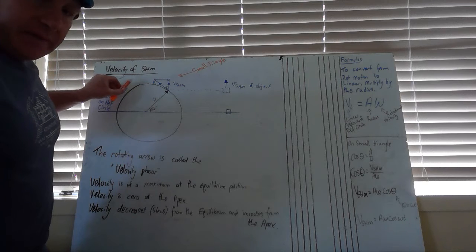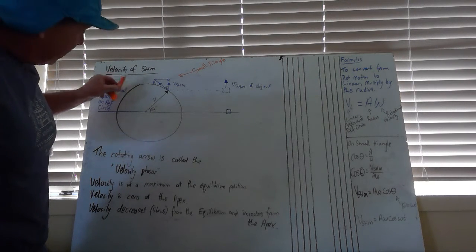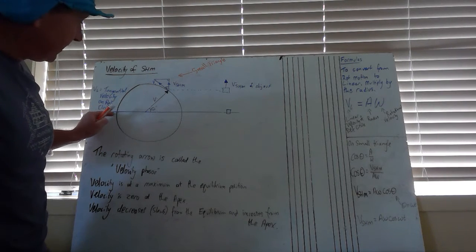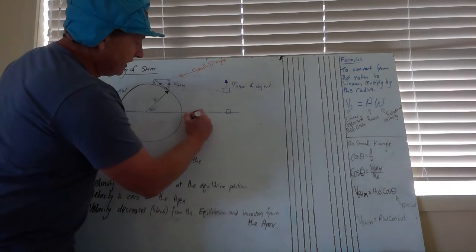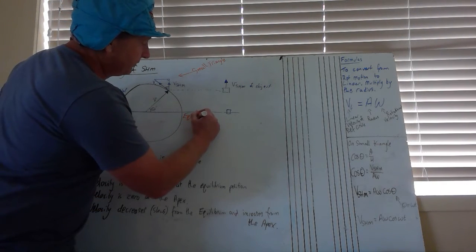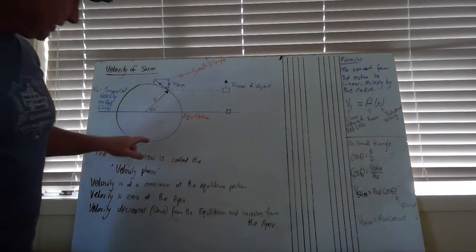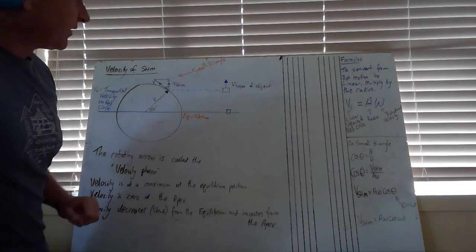And then when it's down here, it's got a velocity with a downward component. Here is going to be at its maximum because it's at the equilibrium position. So this line here, if you remember, is the equilibrium. And down here, it will be at the apex again, and its velocity will be 0.